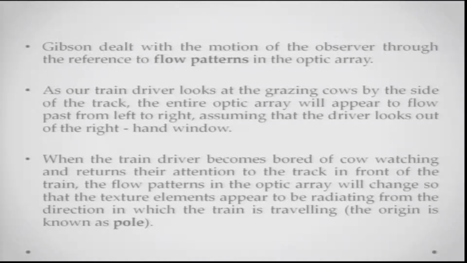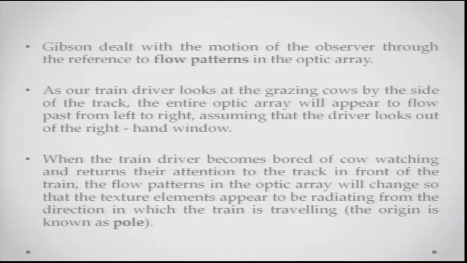Now this entire optic array will appear to flow past from the left to right, assuming that the driver looks out of the right hand window. When the driver is in the front, the flow patterns in the optic array will change such that the texture elements that form the surface will appear to be radiating from the direction in which the train is traveling.